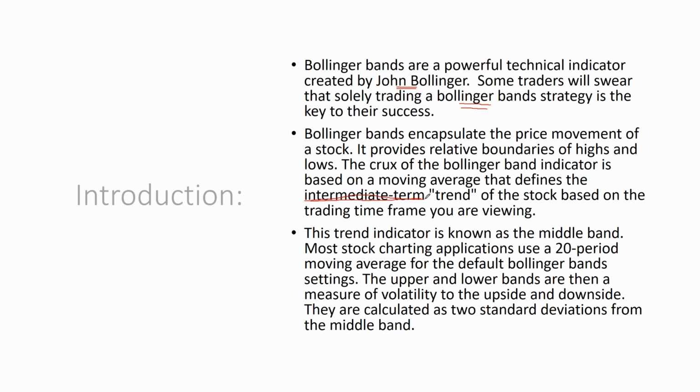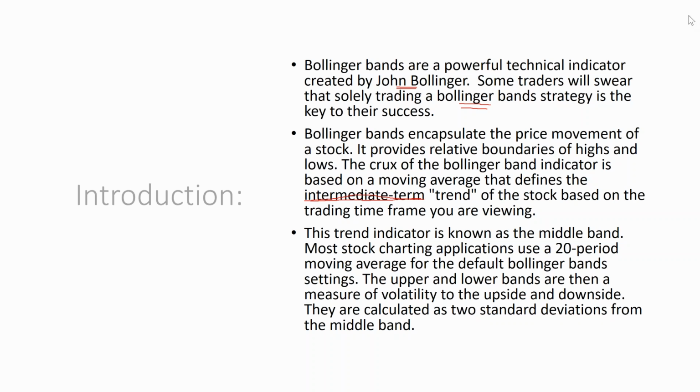Okay, the trend indicator is known as the middle band, and most charting applications use the 20 period moving average as the default Bollinger Band setting that everybody knows. The upper band and the lower band are then a measure of volatility to the upside and downside, and they are calculated as two standard deviations from the middle band.